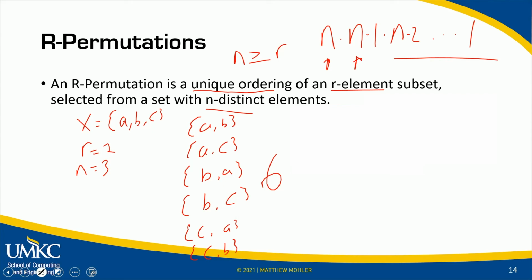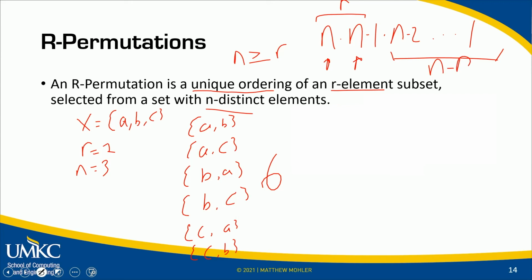Now, to put this mathematically, we would say that this value down here is really just n minus r, because this value is r. I'm selecting 2 elements. So this area is n minus r.